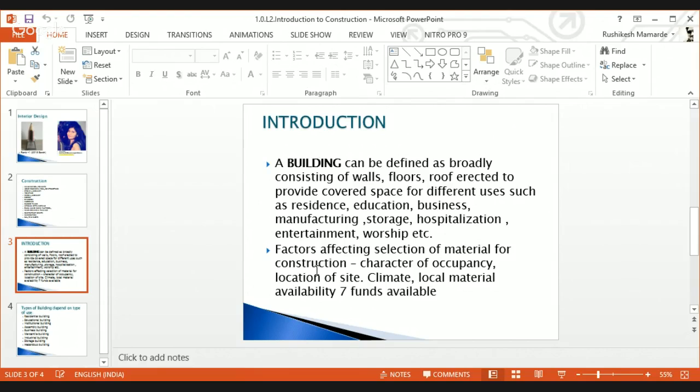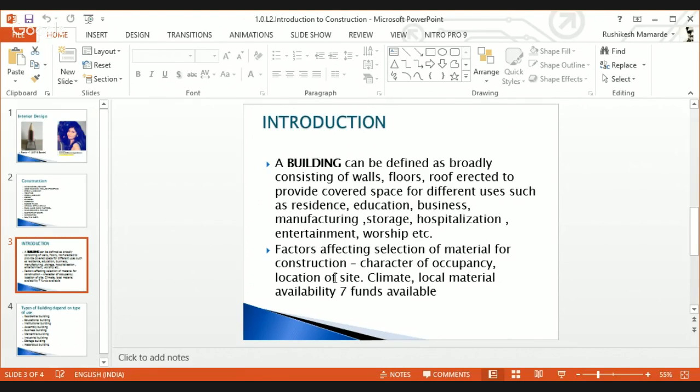The cost factor always matters. Then the funds available, which is the very main thing. Let's say I am staying in a village and I have very little money in my pocket, and I want to construct a house. Instead of going for a bungalow, I'll choose a small home, not even two or three stories, only one floor, not even having a slab or terracing over it.